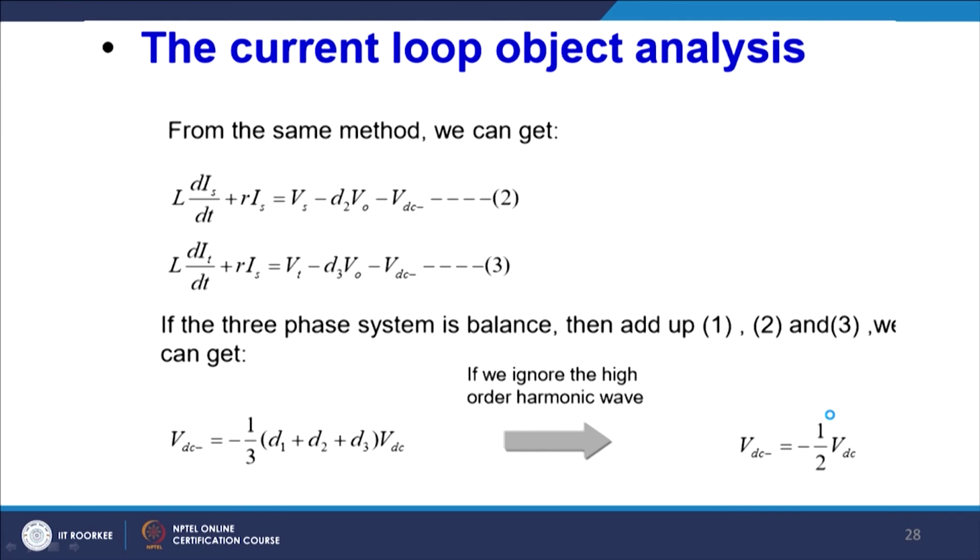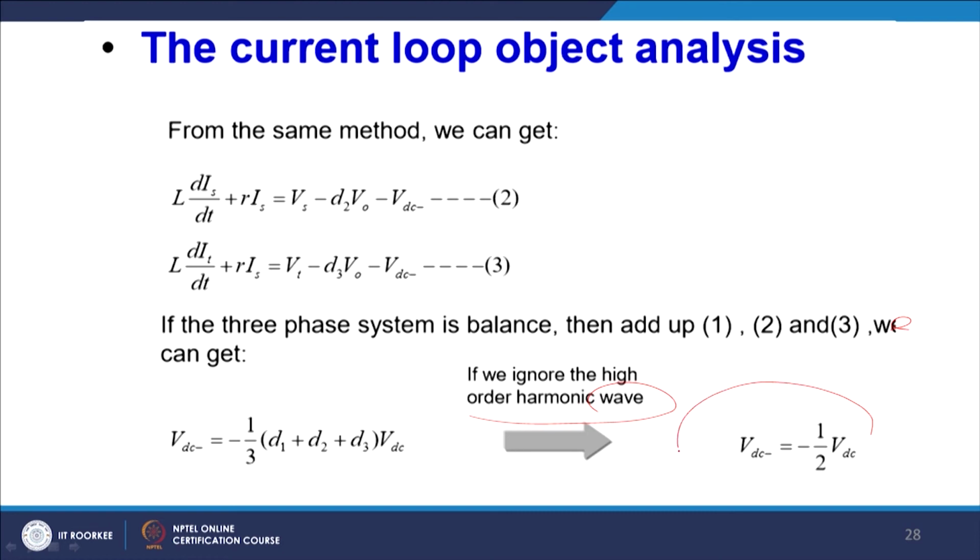The same method we can write for the other phases, that is S and T, and ultimately we can get V D C equal to minus 1/3 of (d 1 plus d 2 plus d 3) V D C, and we can ignore the higher order harmonics.